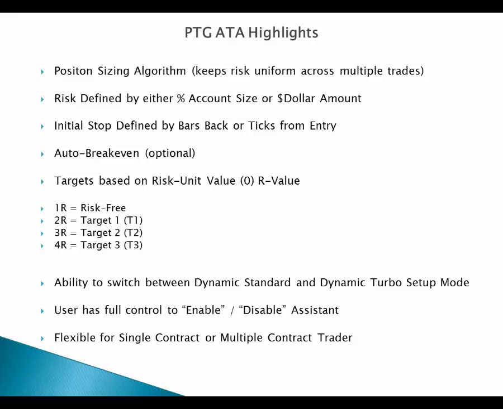So on our premiums and discounts, there's a standard mode and a turbo mode, and we can simply switch between those on the fly. Very easy to do. The user has full control whether they want to enable the tool, turning it on, or disable it, turning it off, under the appropriate conditions.